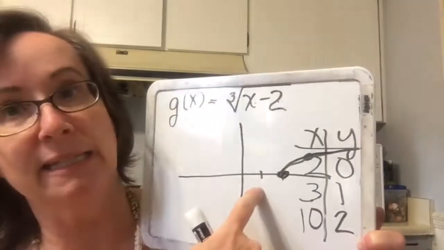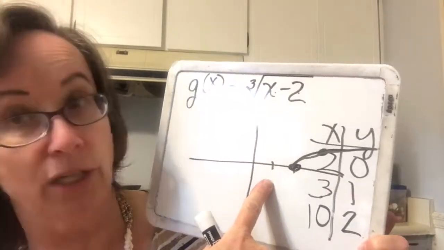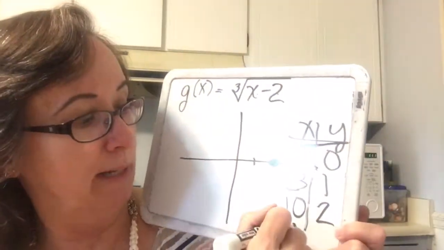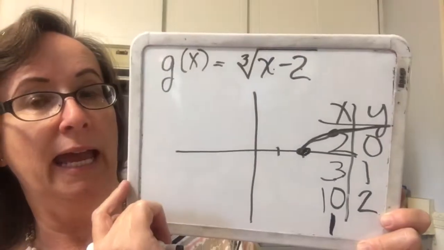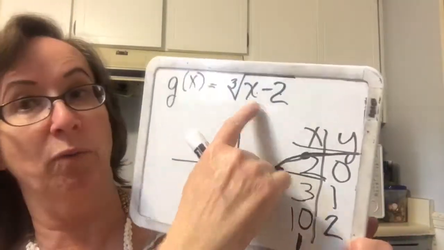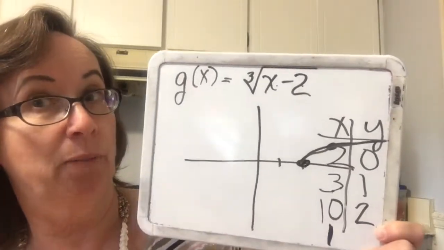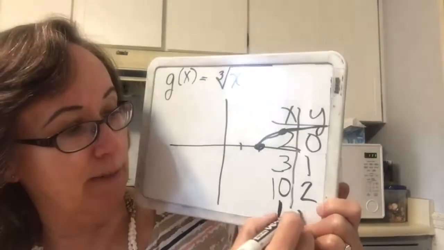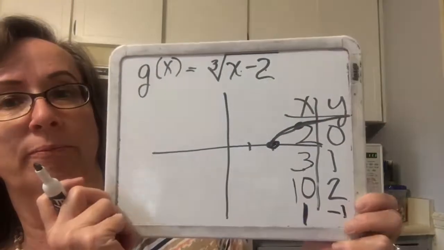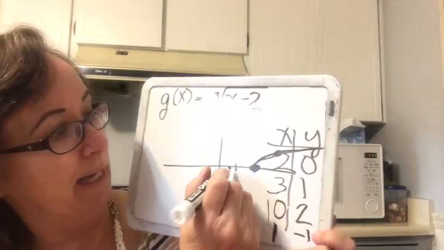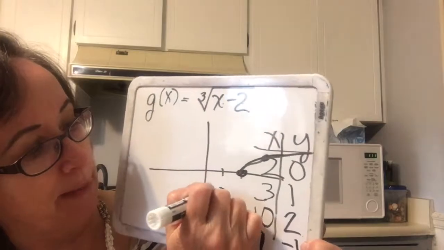So let's go one step to the left of the 2. Let's go to 1. Okay, and if we plug in a 1, then we get 1 minus 2, which is negative 1. And the cubic root of negative 1 is negative 1. So I get 1, negative 1, and 1, negative 1 would be maybe right about there.